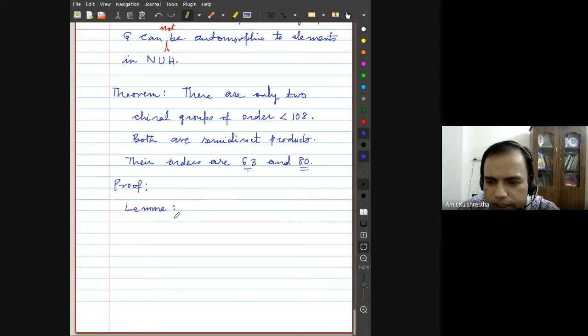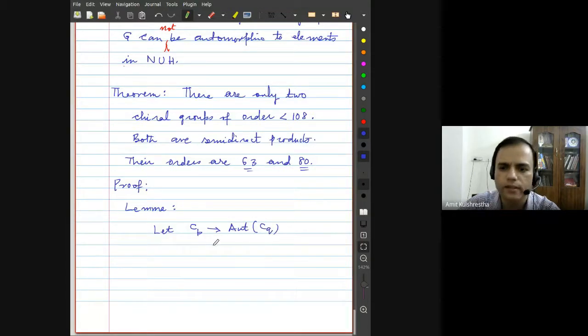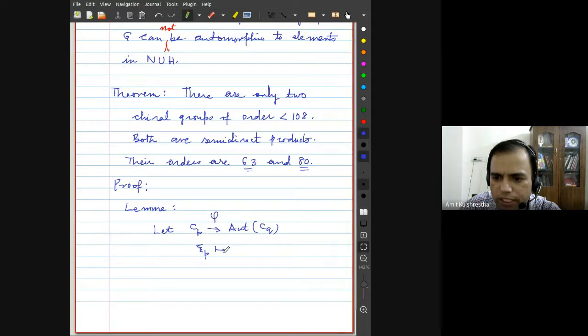So you consider this. All these C_p, C_q, they are all cyclic groups, with generators. I'm saying that this zeta_p is the generator of it, and some action is happening.